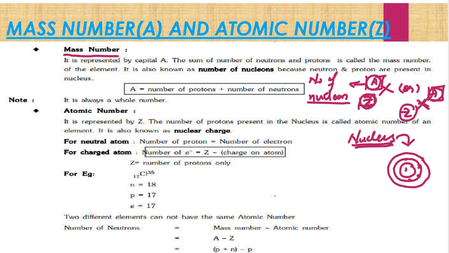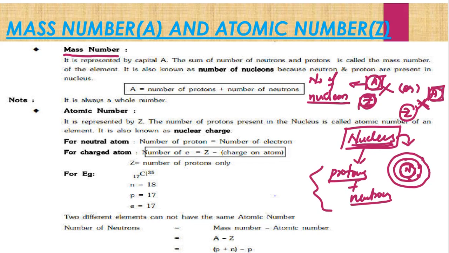The nucleus, which you are able to see here in the middle of the atom, contains protons and also neutrons. In the previous videos we have already discussed that there are many subatomic particles of an atom, out of which protons, electrons and neutrons are the most important ones.